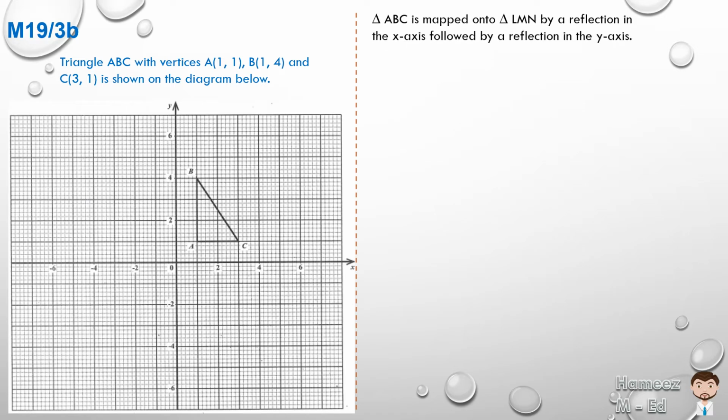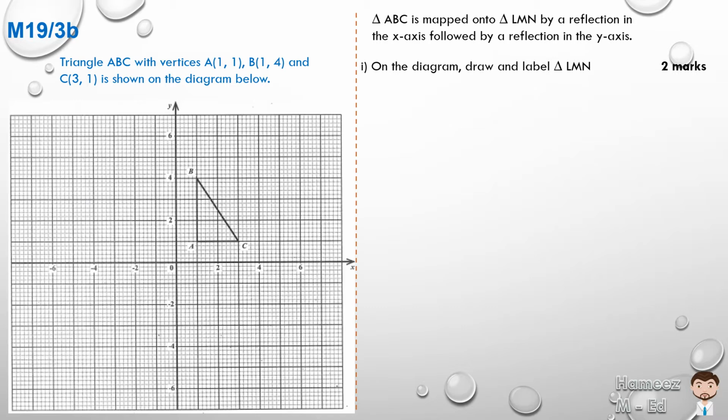Triangle ABC is mapped onto triangle LMN by a reflection in the x-axis, followed by a reflection in the y-axis. Part 1. On the diagram, draw and label triangle LMN.